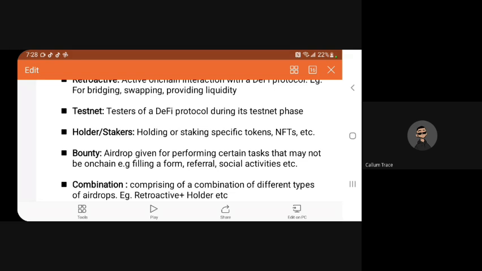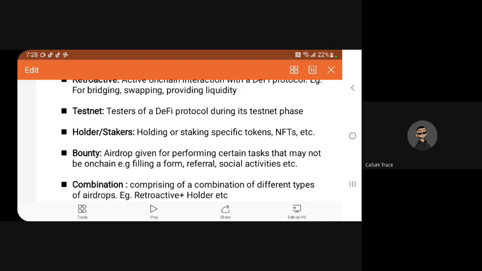Most times, some projects also have NFTs. If you have the NFT, and they want to launch their token, they will give you their tokens. For instance, the Aptos airdrop of 2022, there was a free NFT mint, and only those who minted that NFT received the airdrop.